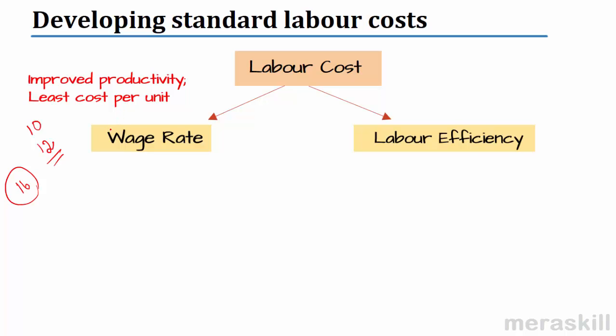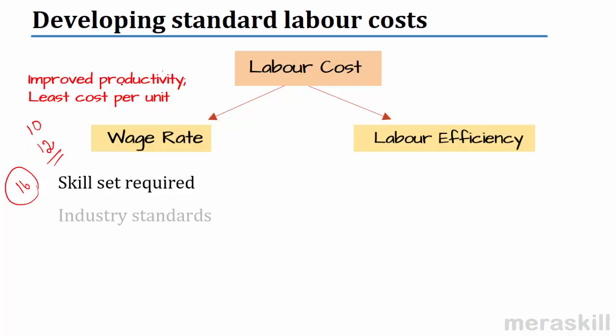There are other fixed overheads, fixed costs. These also get spread over the extra 16 units, a larger number of units, and thus the per unit cost comes down for the product. Is it clear, students? So improve productivity. The objective is the least cost per unit.